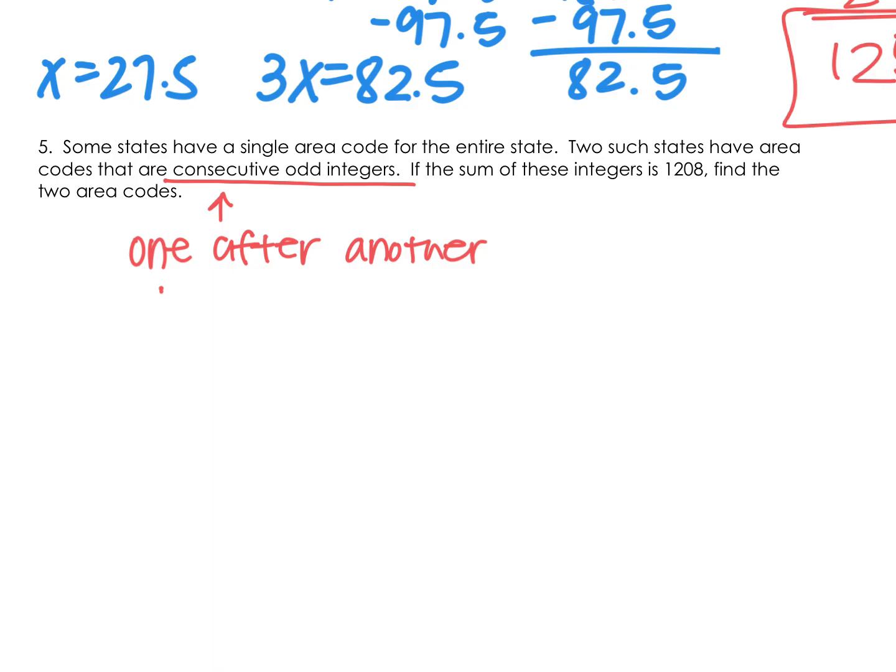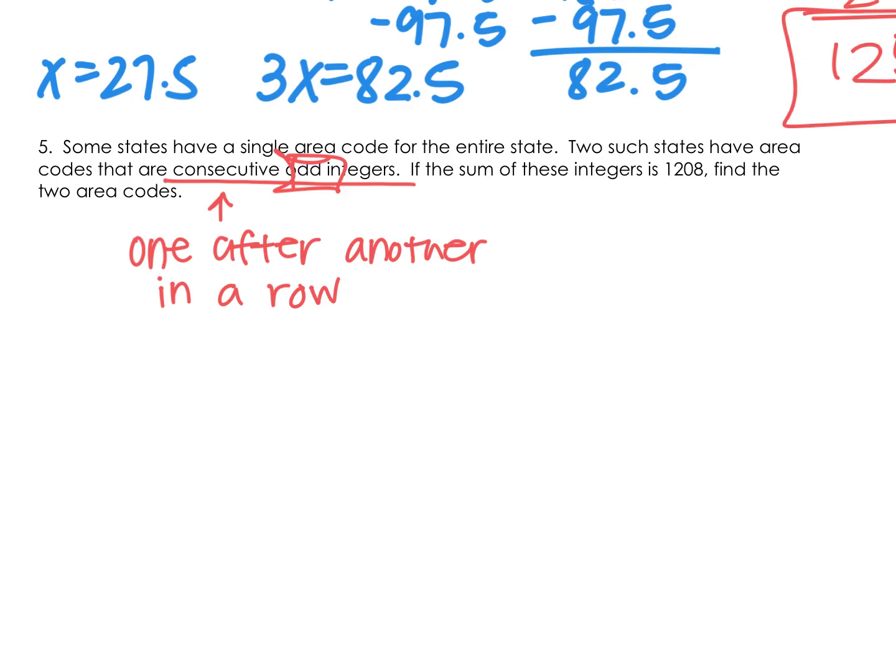So, like, 2 and 3 are consecutive. 4 and 5 are consecutive. 17 and 18 are consecutive. But it's saying they're consecutive odd integers, so that means they're odd numbers. So it'd be like 5 and 7, 21 and 23. Like 3, 5, 7. Does that make sense? Exactly. And so those are the kind of numbers that we're getting.